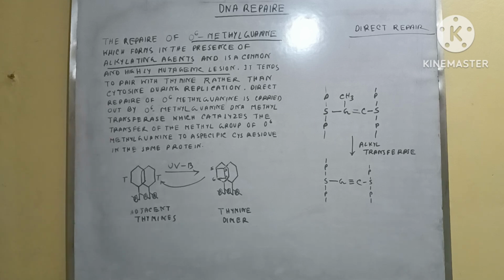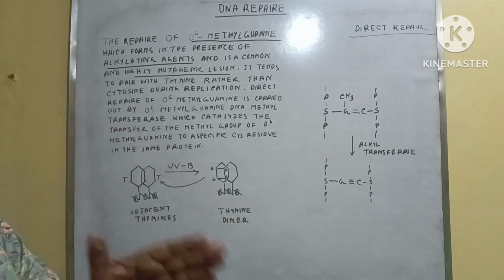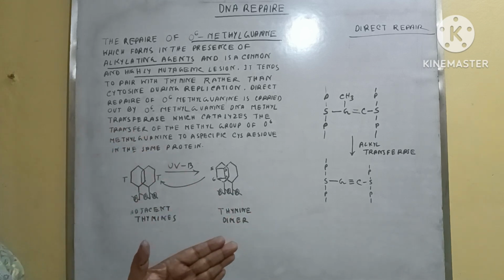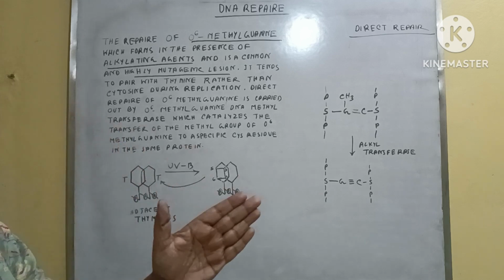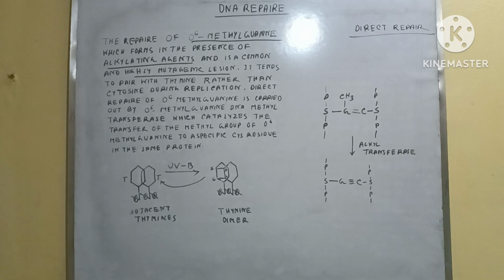In the DNA sequence, guanine pairs with cytosine, and adenine pairs with thymine.